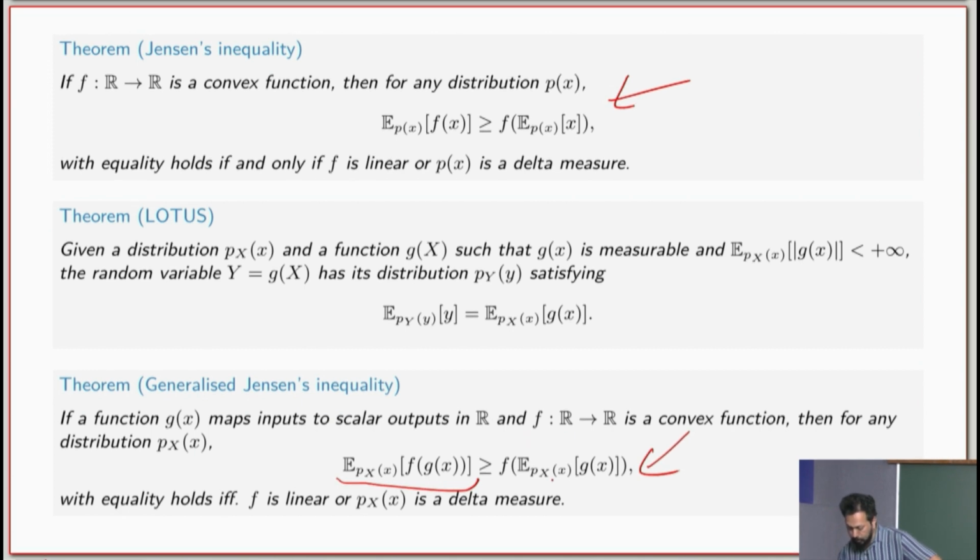There is no restriction on g. g could be any function, but f is still convex, and g maps inputs to some scalar outputs in R, so it is scalar valued. As long as g is scalar valued and f is convex, the generalized Jensen's inequality holds.